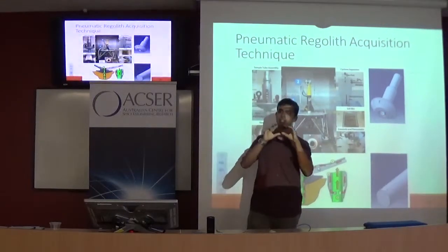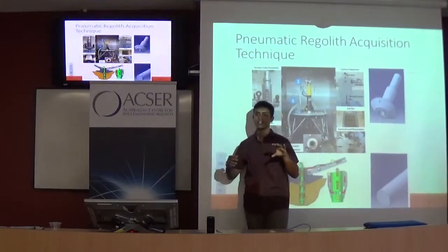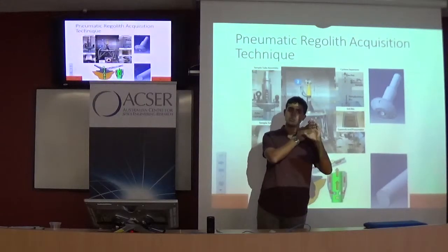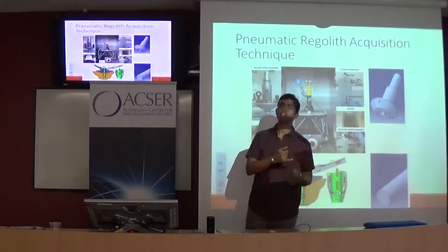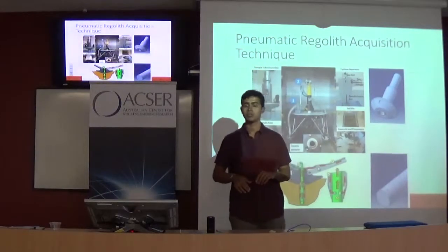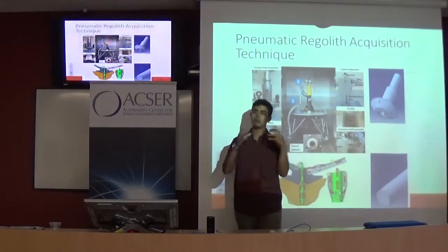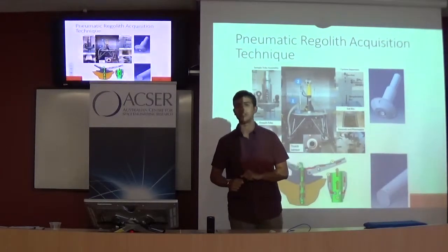Whenever you're trying to have a pipe and you're trying to put a gas through it, that itself creates a lot of different flow scenarios as you reach near the wall or away from the wall. And when you put regolith through it, it's a multi-phase flow, not a single-phase flow. That itself creates a lot of problems, because the regolith might collect in one area and block the entire flow as well. So one needs to understand all these particular things.